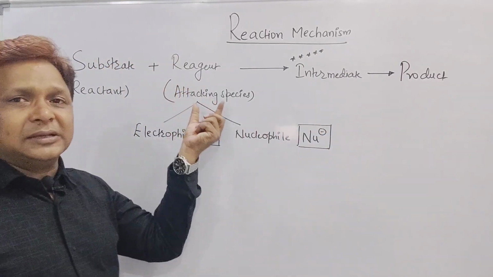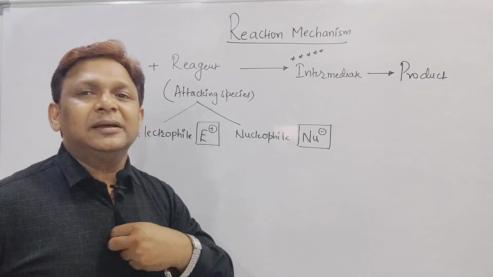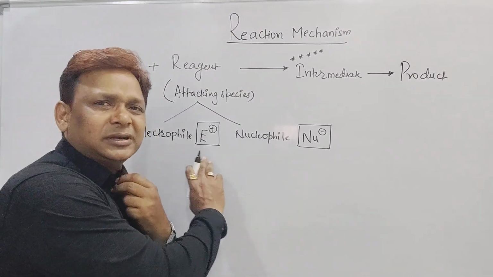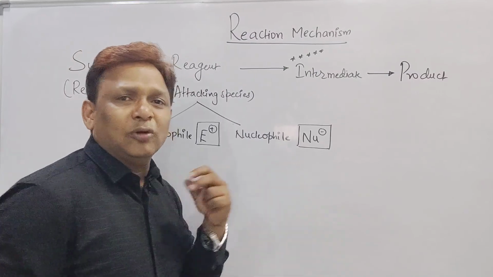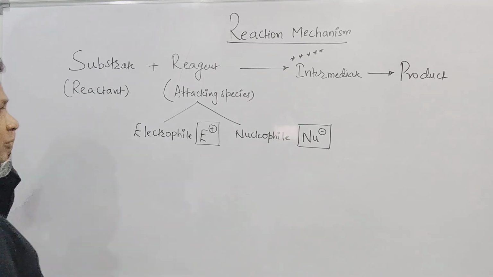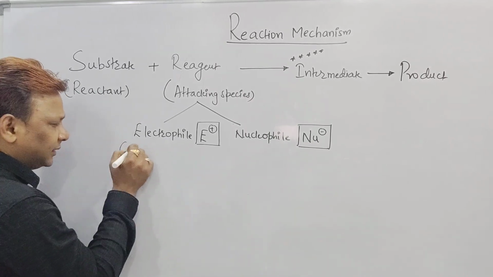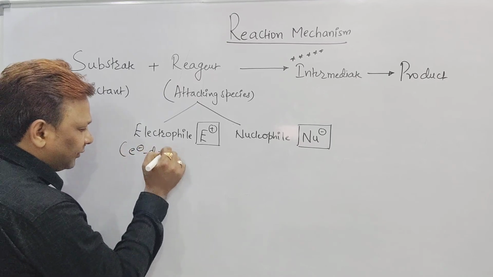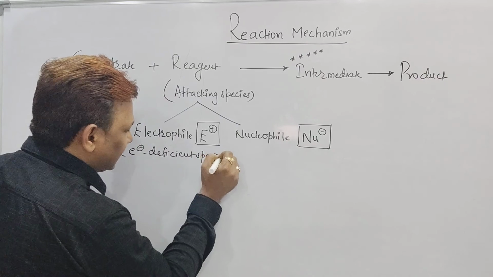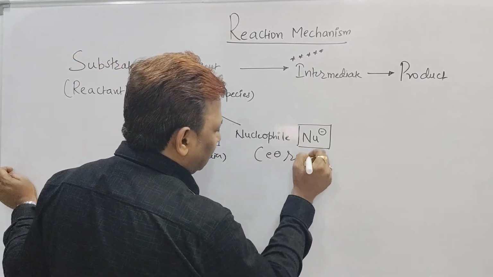This attacking reagent or attacking species is of two types. One is called an electrophile, which is electron deficient, and the other is called a nucleophile, which is an electron rich species. I hope everybody knows about the electrophile and nucleophile. In short, an electrophile is an electron deficient species, and a nucleophile is an electron rich species.